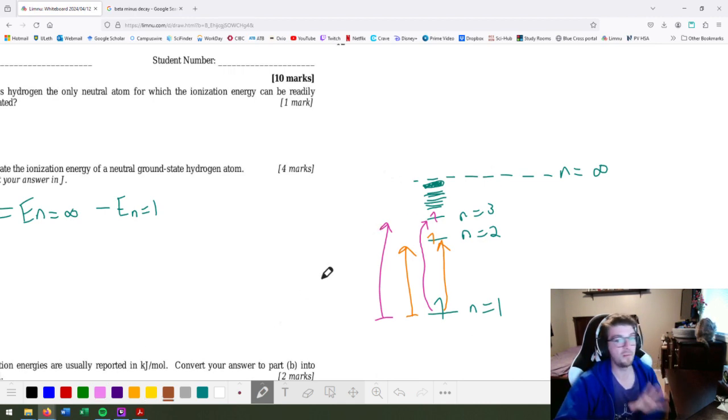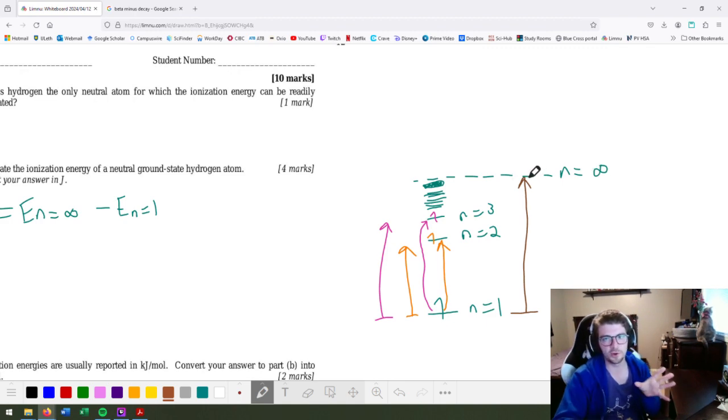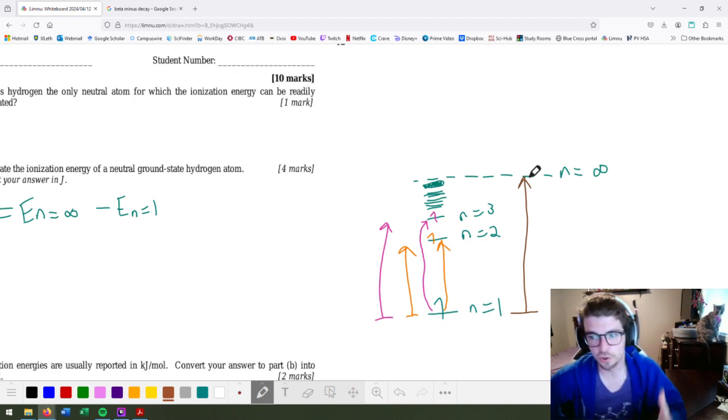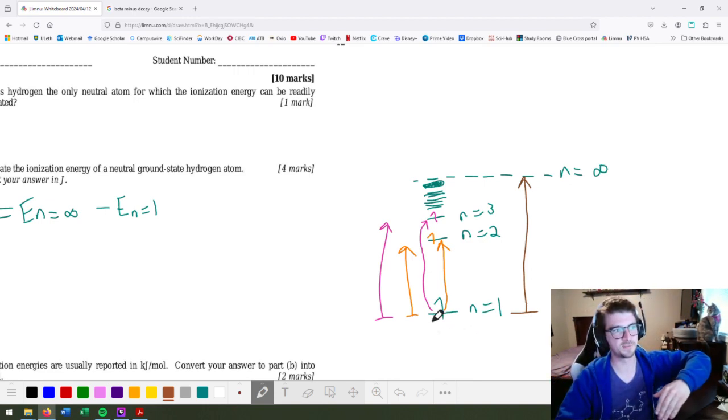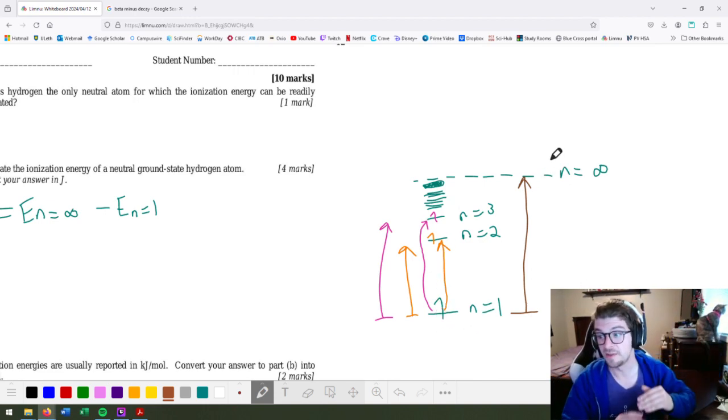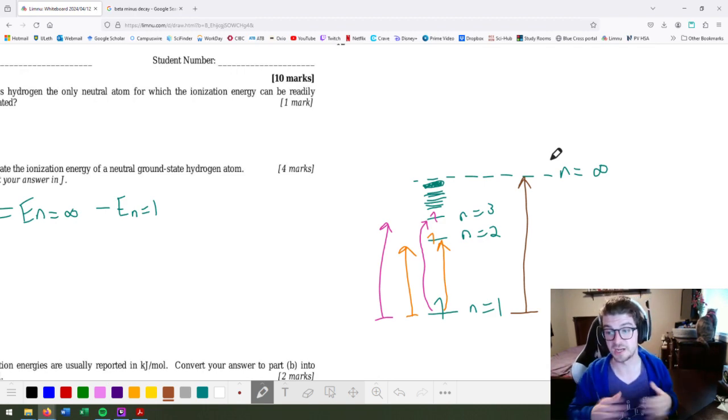But at some point, you can get to a point where the electron has so much energy, it's been excited to such a high state that it is no longer associated.